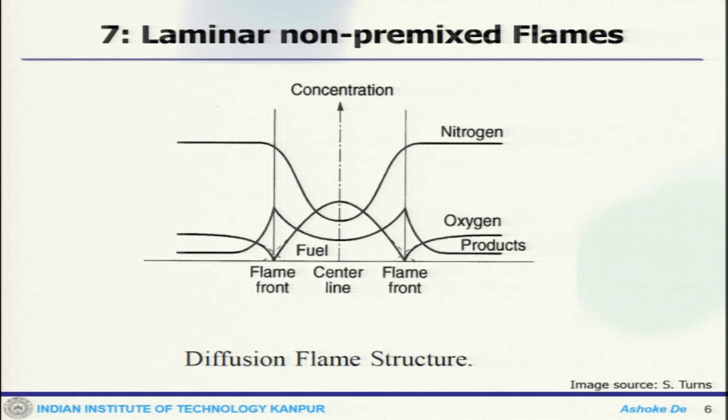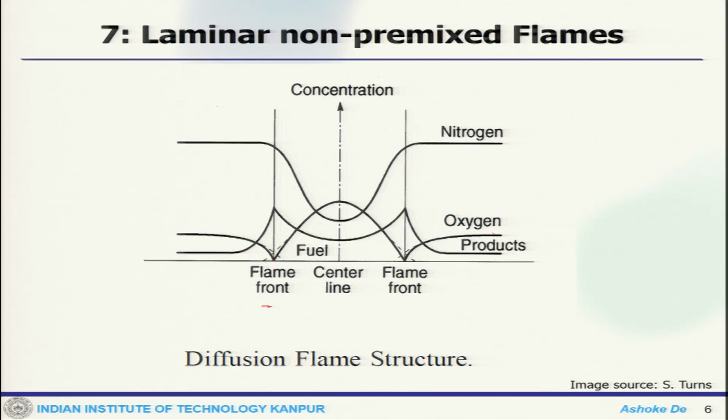Now, this is a typical diffusion flame structure. This is my flame front, this is also flame front, this is my fuel, and this is the oxygen. So, fuel comes down, and oxygen is completely consumed at this location.